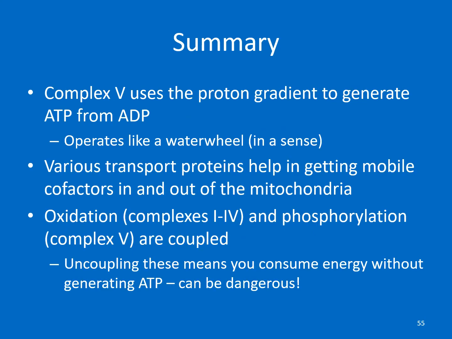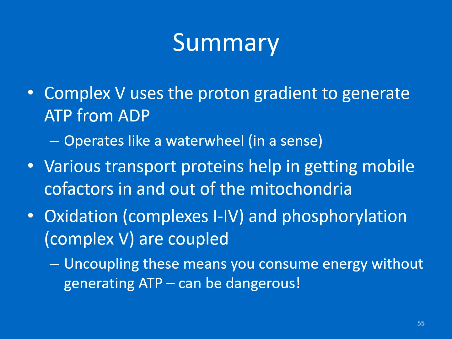So let's summarize this final portion here. Complex 5 uses the proton gradient that we set up with complexes 1 through 4 in order to generate ATP from ADP. And as you saw in the video that I linked, it operates sort of like a water wheel. The movement of those protons powers the rotor to kick out each new individual ATP molecule, allowing new spaces to synthesize more ATP.